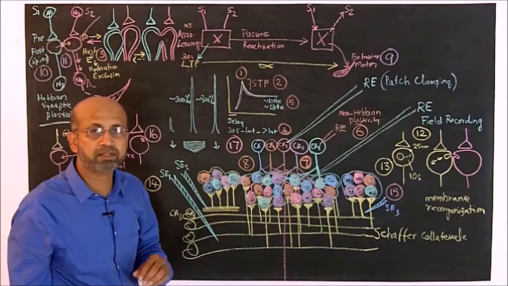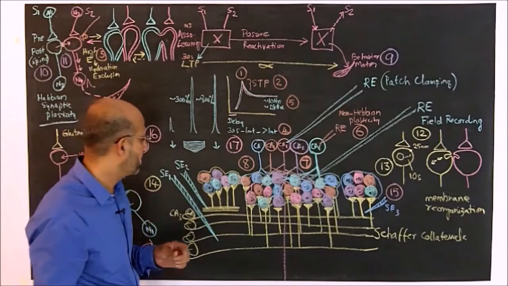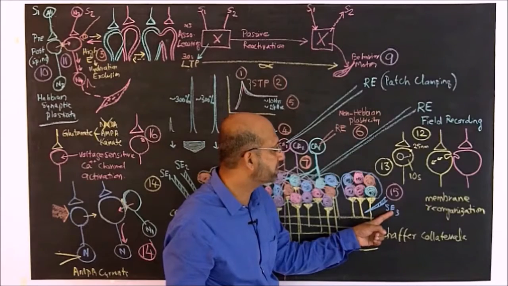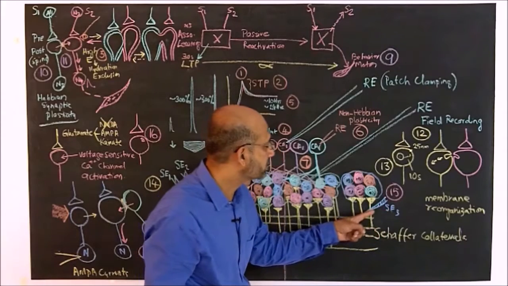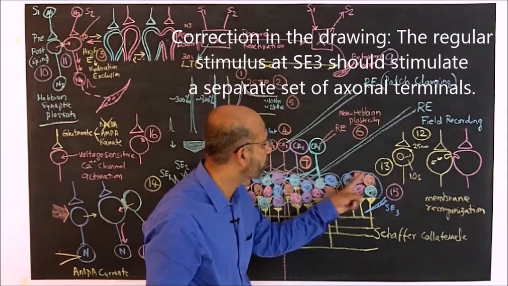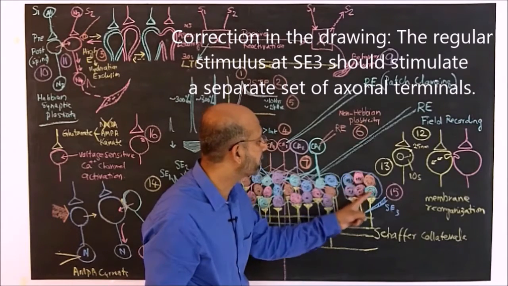Now what does input specificity mean? I have also drawn a stimulating electrode SE3 here, whose stimulation with a regular stimulus has resulted in the formation of a small group of interlinked dendritic spines.